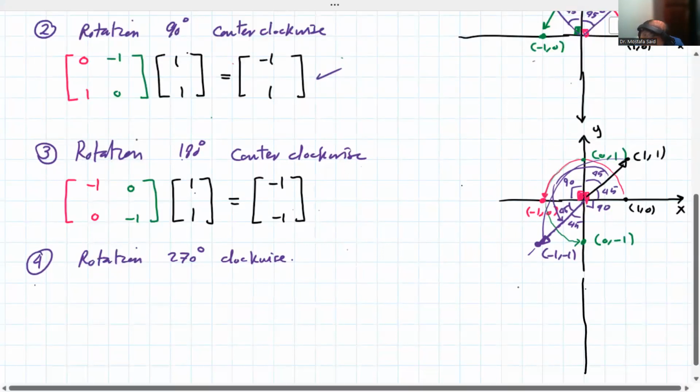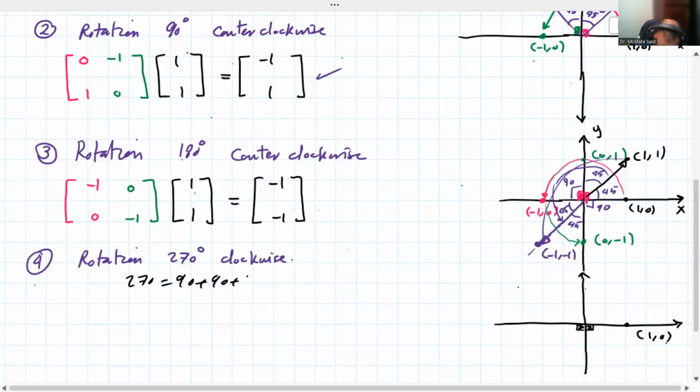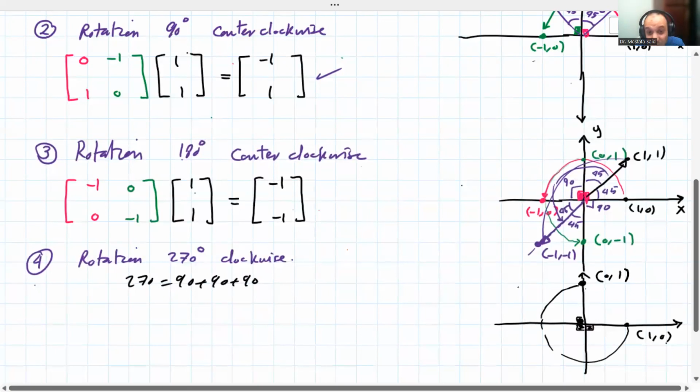So let's draw this. This is 1, 0. So we wanted to move 270 clockwise. That means 90 degrees, another 90 degrees, because 270 is equal to 90 plus 90 plus 90. That's first 90, second 90, third 90. So basically, when you move like that, you're going to reach here at 0, 1.